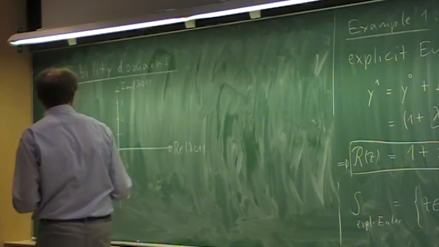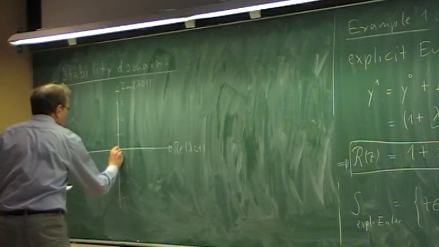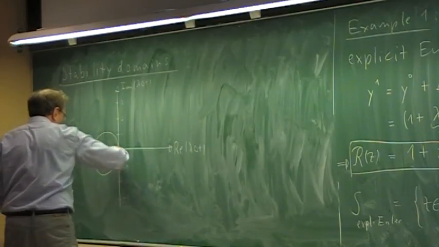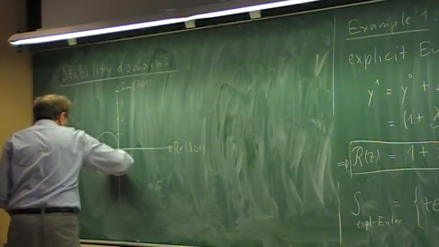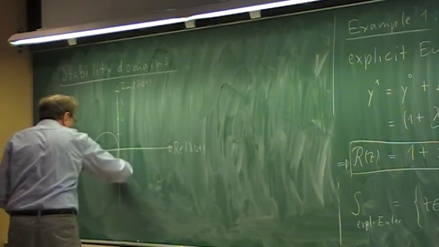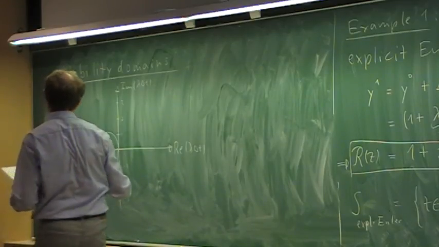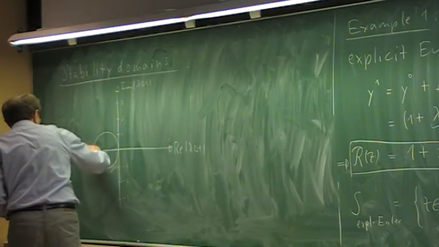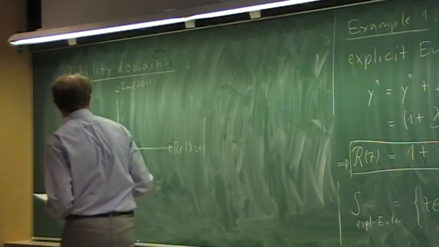So then we have a circle here. It should be a circle, and that would reach 2 here. That would be for the explicit Euler method.